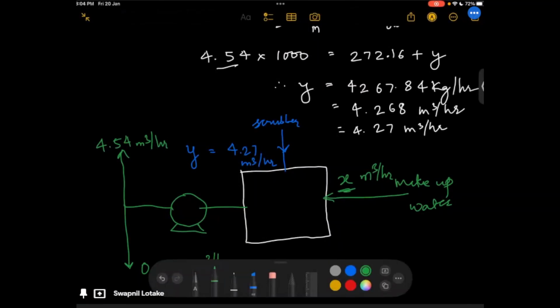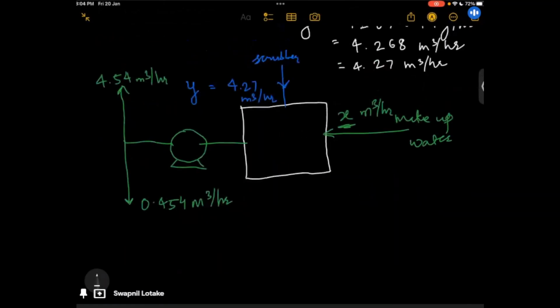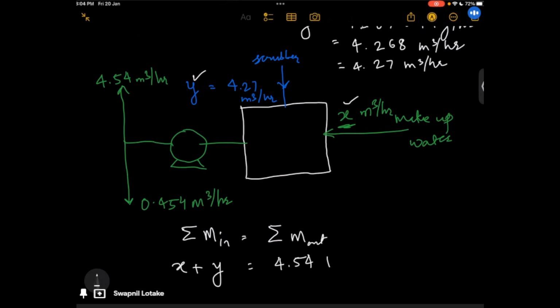Again, similarly, mass balance. Summation of mass input is equal to summation of mass output. The input we have is y and this x. So x plus y is equal to 4.54 plus 0.454, because both of them are coming out of the recirculation tank.